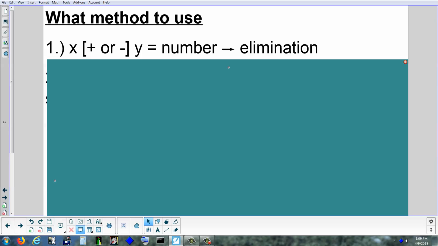X plus or minus y equals a number, use elimination. I mean, you could use another method. You could use graphing. You could use substitution, but you have to move a bunch of stuff around to get to that point. If it's already set up like this, x plus or minus y equals a number, you're all set. You're going to solve. You don't have to worry about it. All right?